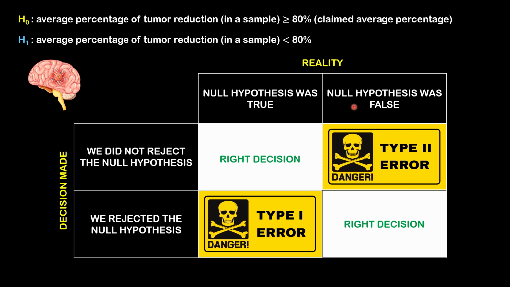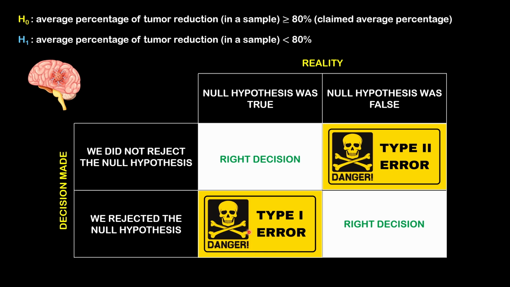That said, what's the difference between type 1 and type 2 errors? Which one is worse? Well, it really depends on the context. In our example, we rejected the null hypothesis, so we either made the right decision or we committed a type 1 error. Suppose drug A is the only drug effective in prolonging patients' lives and its side effects are entirely tolerable even for patients with early-stage brain cancer.